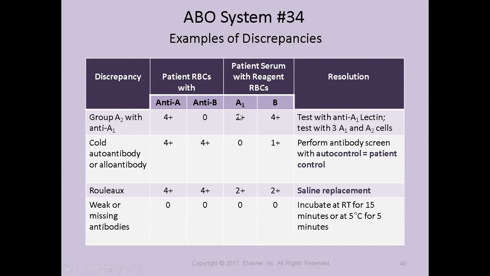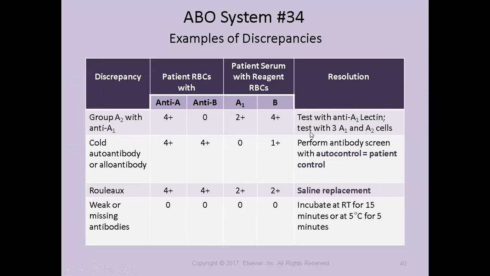So what can we do to prove this? We could test this patient's red cells with our anti-A1 lectin. Their red cells, if they are type A2, will not agglutinate with anti-A1 because their antigen is structurally different. Okay? So we're going to test with A1 lectin.